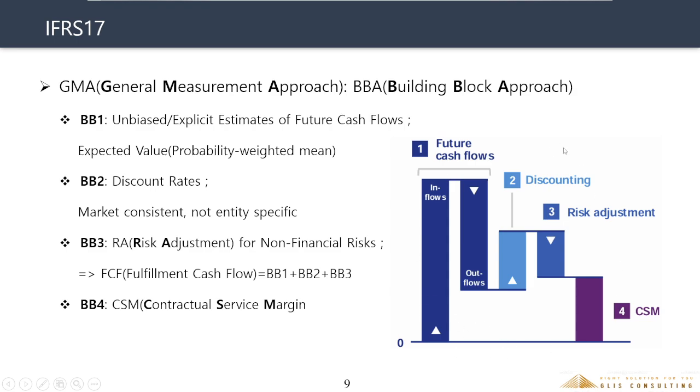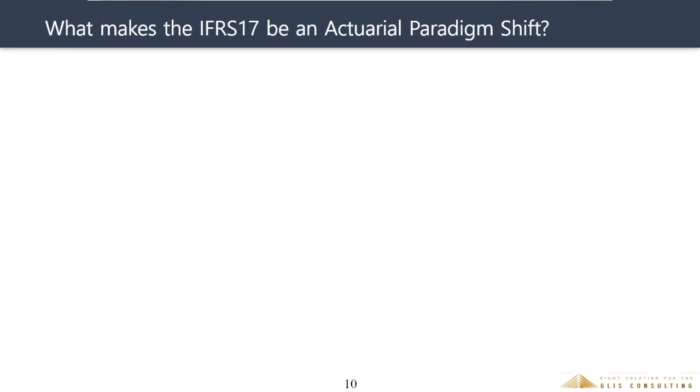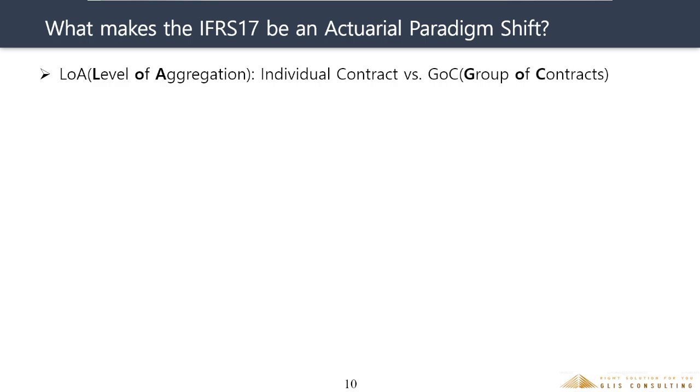And this is a very simple diagram provided by the actuarial note published by the IAA. So what makes IFRS 17 an actuarial paradigm shift? These are some of the key new features that I think are the reasons why.